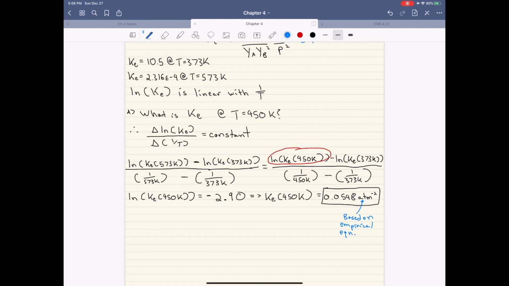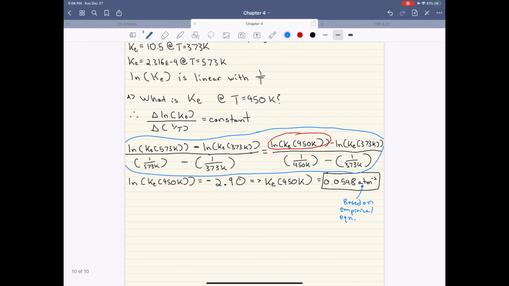All right, so we figured out what the equilibrium constant at 450K is just by exploiting this sort of linear relationship. Now you may have seen this process before, and what we did here is actually a process that you're going to use quite a bit in this course. The act of equating essentially the slopes for different values to each other, what we call this is interpolation.